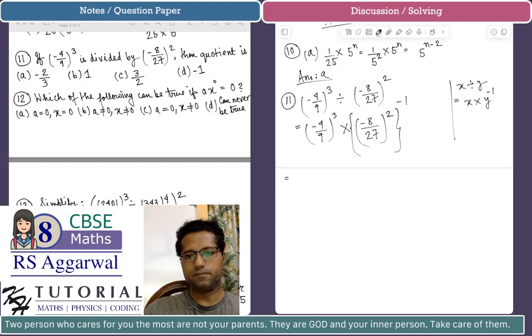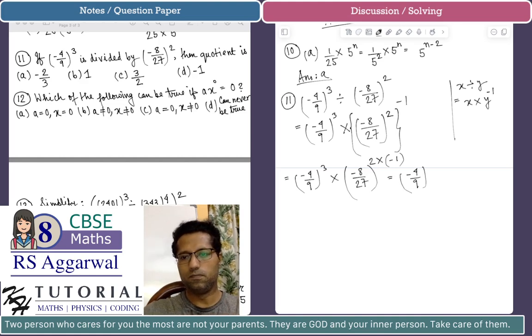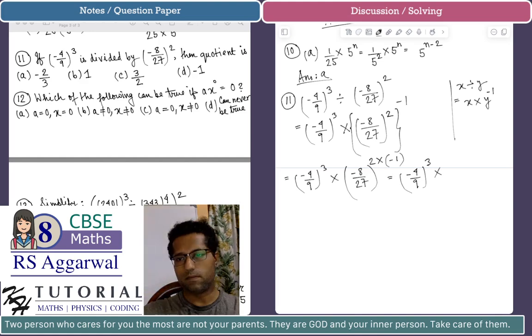Now this is equal to minus 4 by 9 raised to the power 3 multiplied by minus 8 by 27. We have two levels of powers. First level of power is 2. Second level of power is minus 1. So this will be minus 8 by 27 whole raised to the power 2 multiplied by minus 1, which is minus 2.